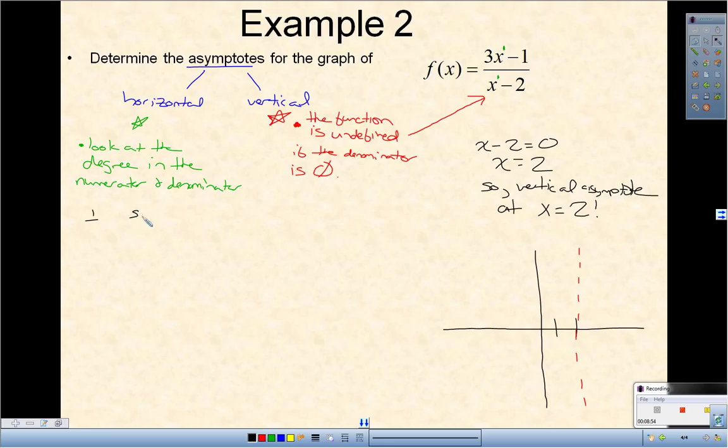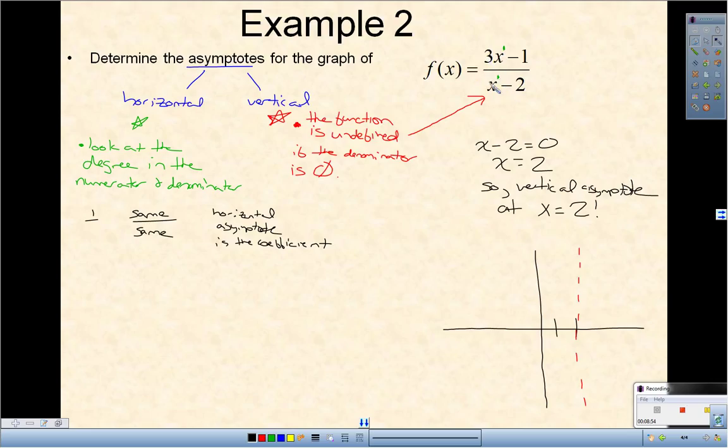If the degrees are the same, then the horizontal asymptote is your coefficient. Okay? If they're the same, which would fit this scenario.